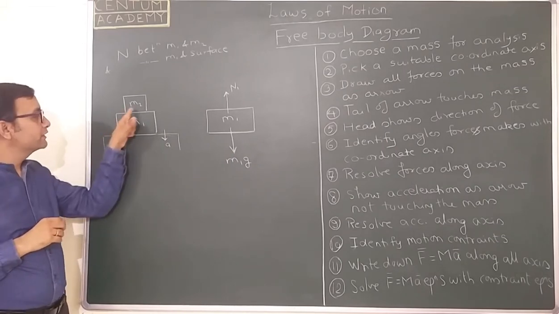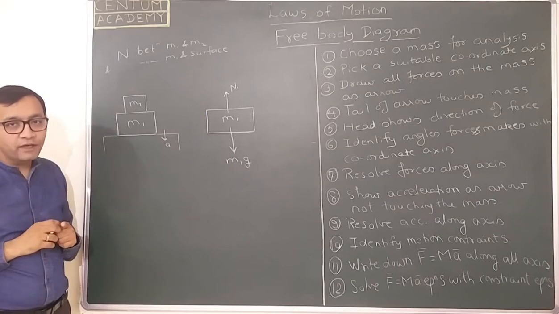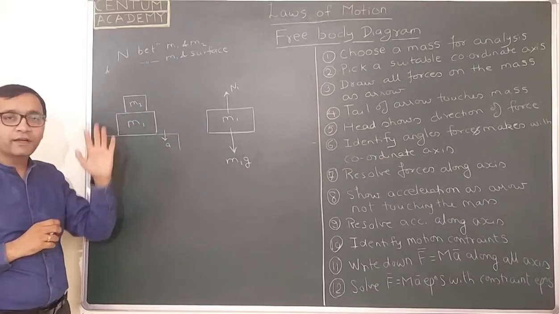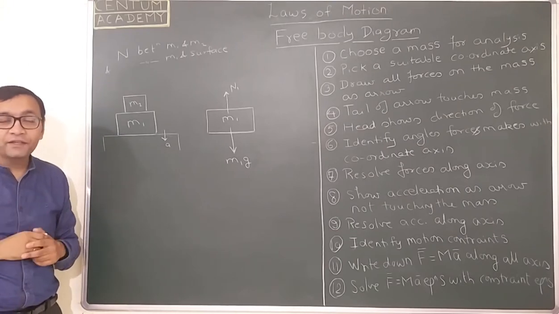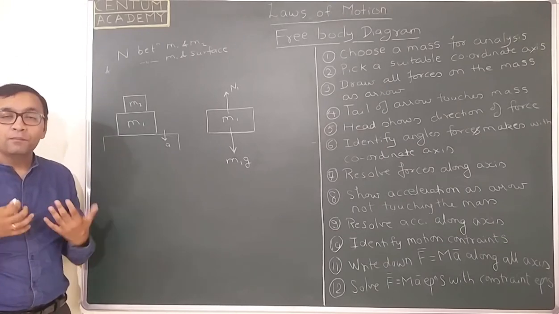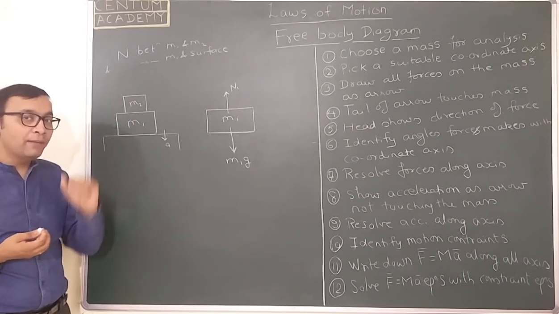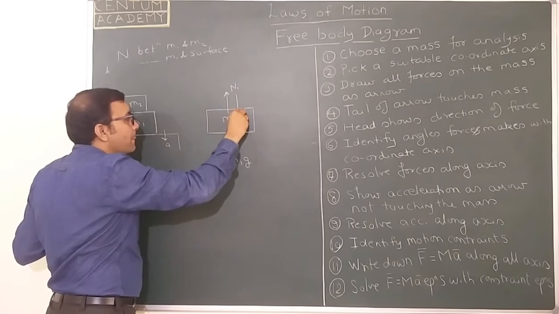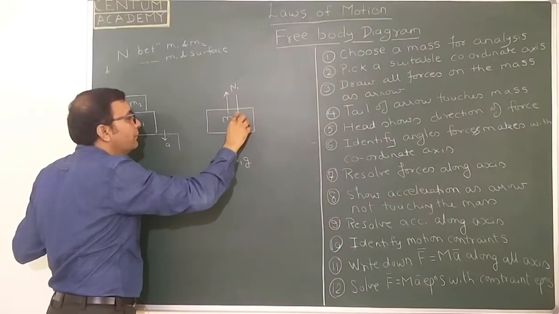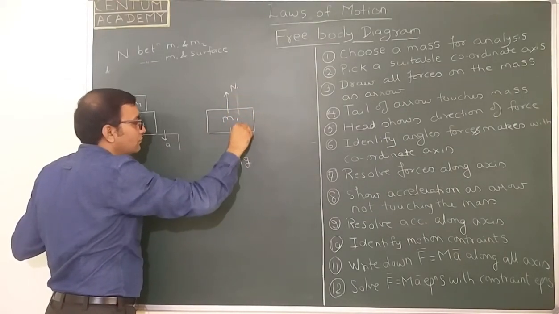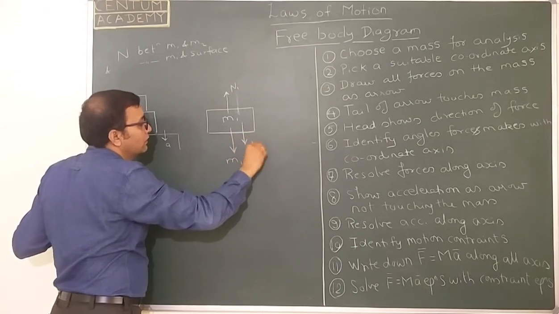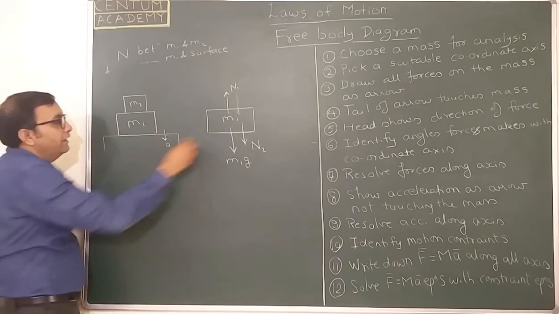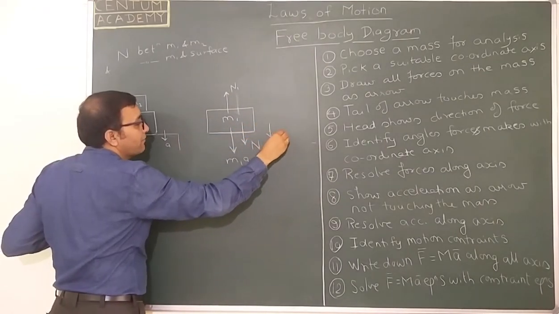Since there is a contact, there will be a normal reaction. m2 applies a normal reaction on m1. Which direction will it be? Normal reaction always pushes. So m2 will push m1 using normal force, and it will be downwards. Okay. And it has acceleration a.